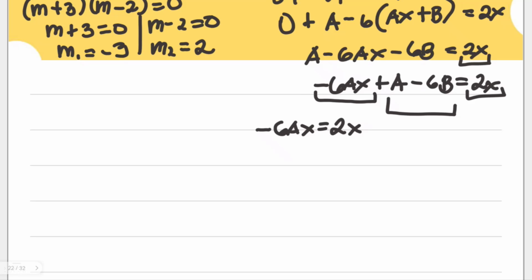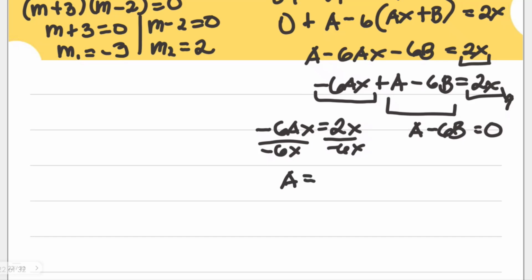Since they don't have an x term or x coefficient, they correspond to the constant on the right hand side, but the right hand side doesn't have any constant, so you can simply say that a minus 6b is equal to 0, because you could also add here plus 0. Okay, so let's continue solving for a here, dividing by minus 6x as well. You will get a is equal to minus 1/3.